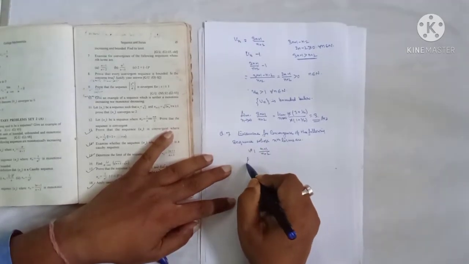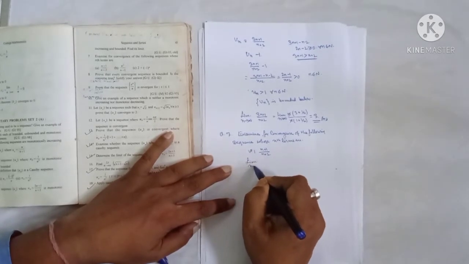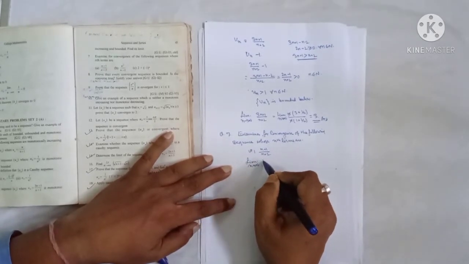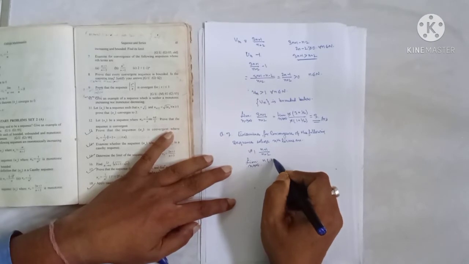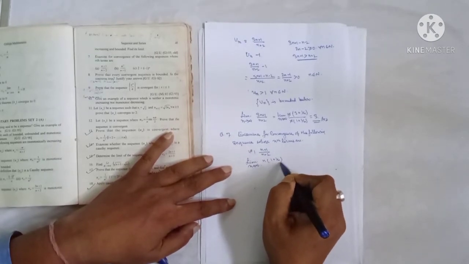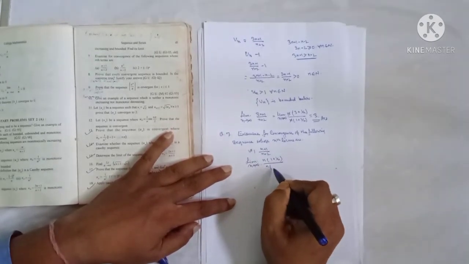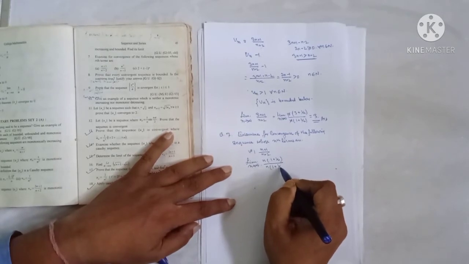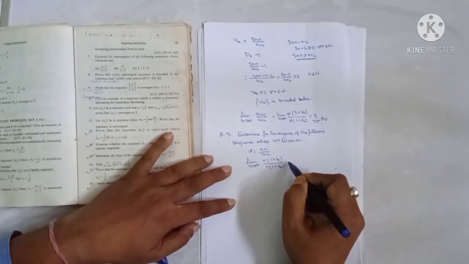We take the limit n tends to infinity, so here n common, 1 by n, and here n common, 1 plus 2 by n, so this cancels out and this becomes 1.